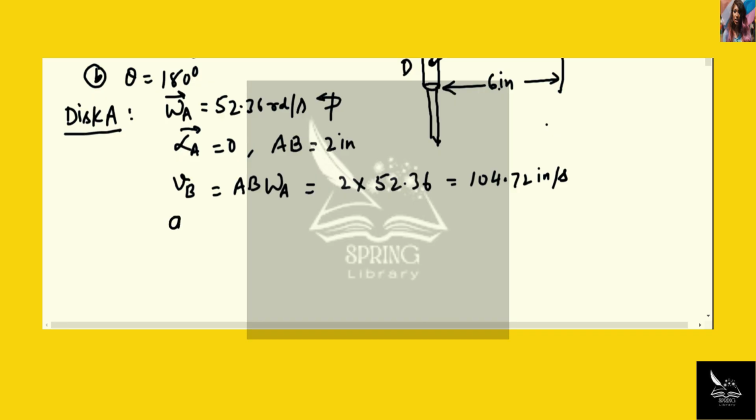And the acceleration of B is AB omega square, 2 inch into 52.36 whole square, so it will be 5483.1 inch per second square.